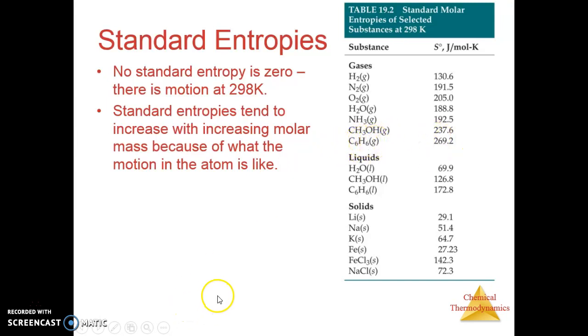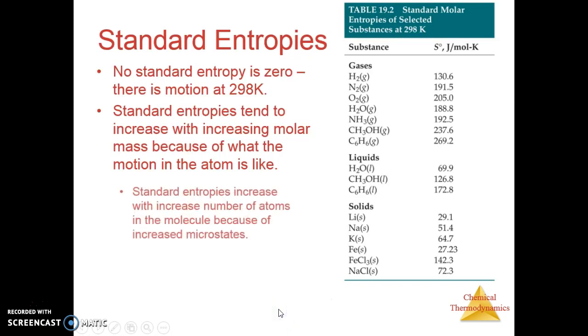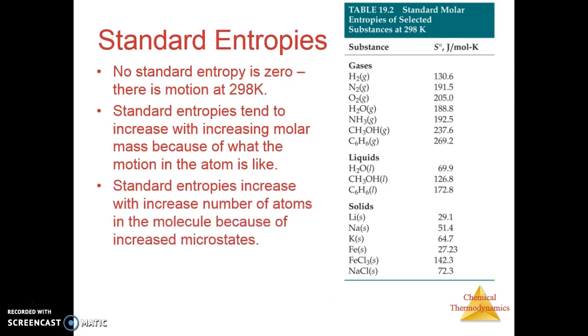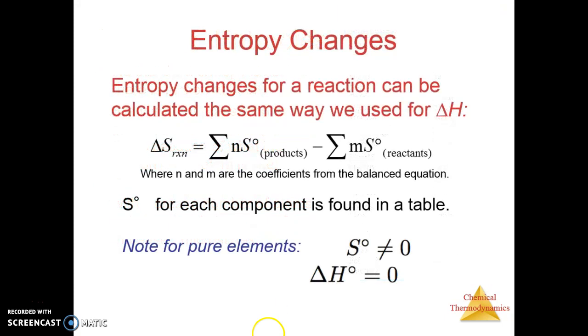Your microstates are increasing, which means your entropy is increasing. Liquids, gases, solids, notice what is happening to the numbers. Gases have a lot more entropy than liquids, than solids. So they increase with the number of atoms because of the number of possible microstates. They're also going to increase with the state.